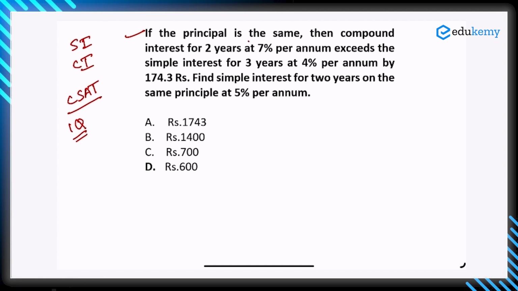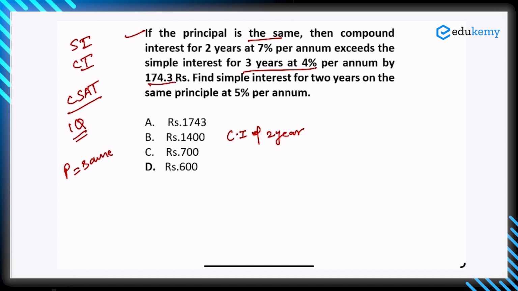If the principal is the same for both simple interest and compound interest, then the compound interest of 2 years at 7% per annum exceeds the simple interest for 3 years at 4% per annum by 174.3.